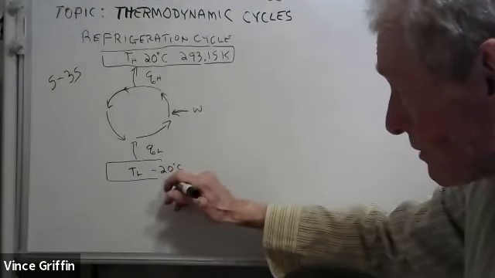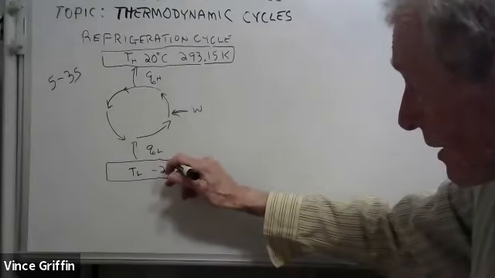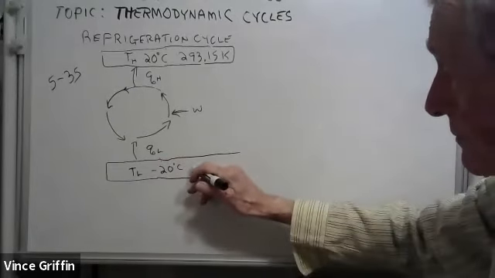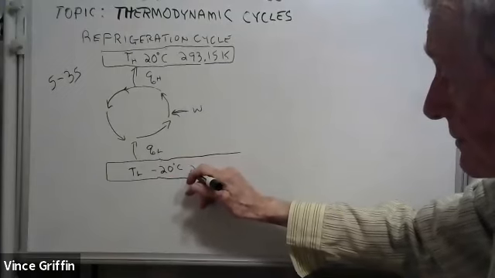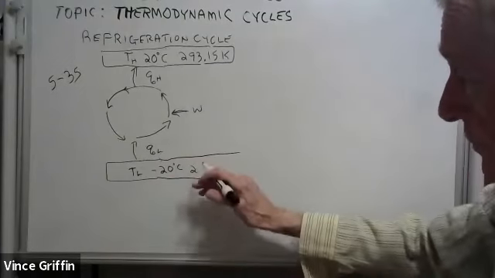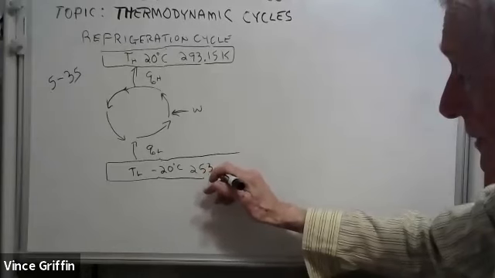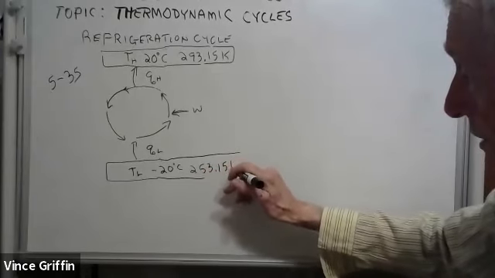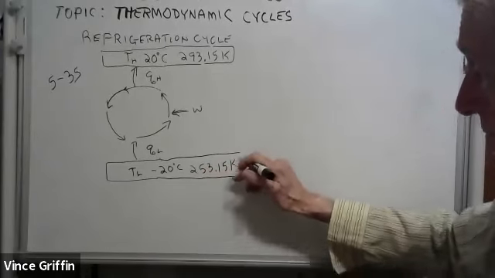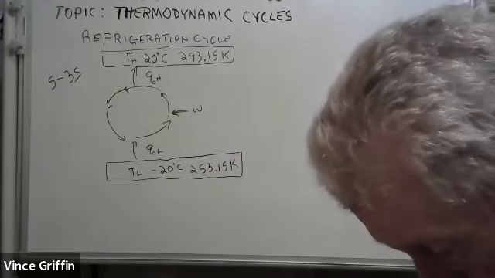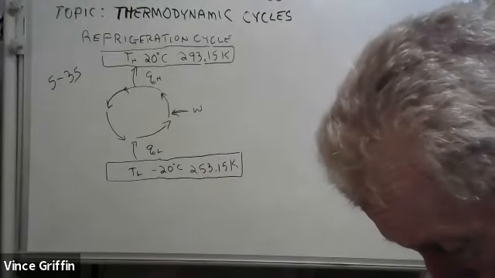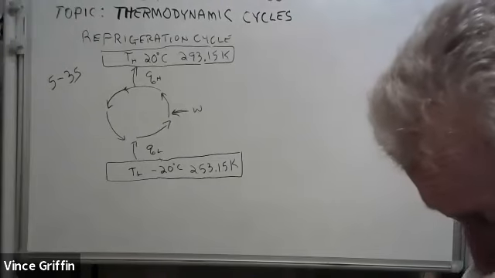You got ice cream or something in there. And now the Kelvin would be 253.15 Kelvin. There we go. And something about heat must be transferred from the cold space.